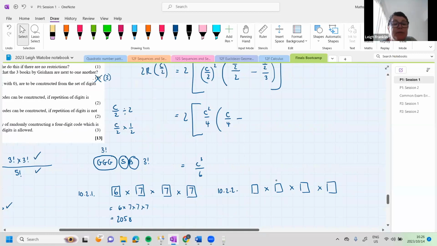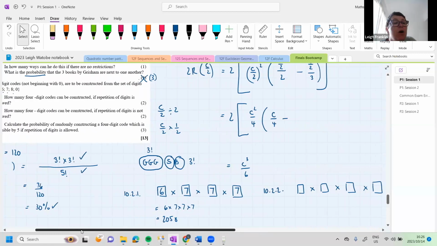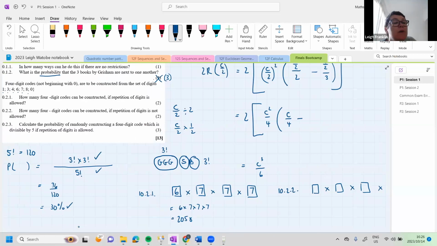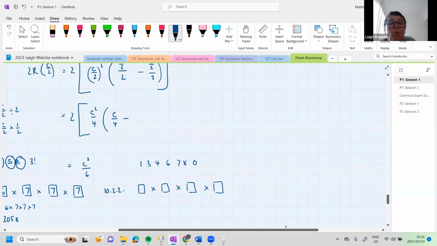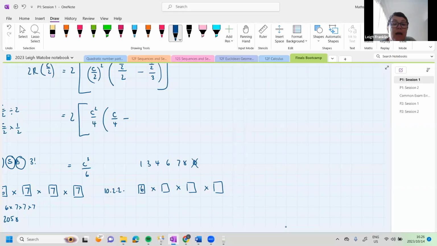So remember the numbers that we're allowed to use are, let's just put them over here, 1, 3, 4, 6, 7, 8, and 0. Okay, we are not allowed to start with 0. Okay, so we can't have 0 here. We could have 6 possibilities over there, right?